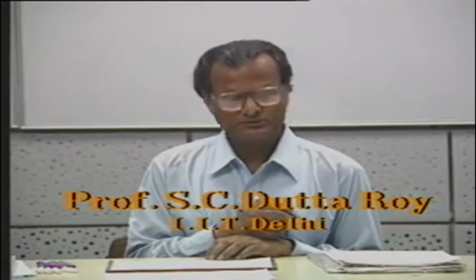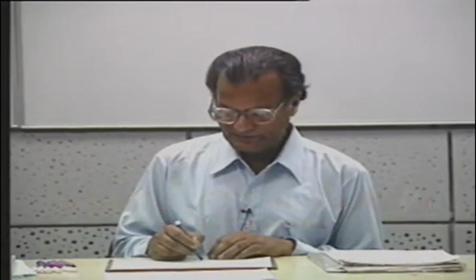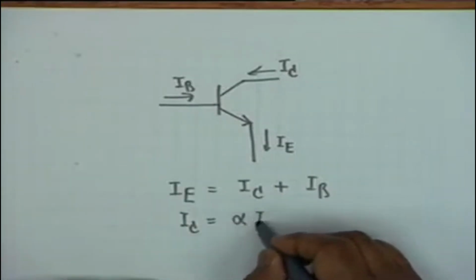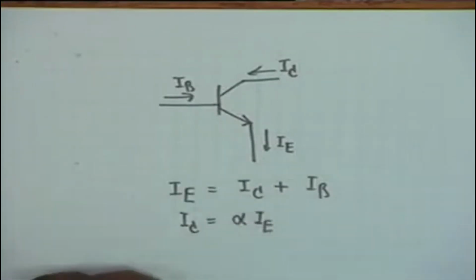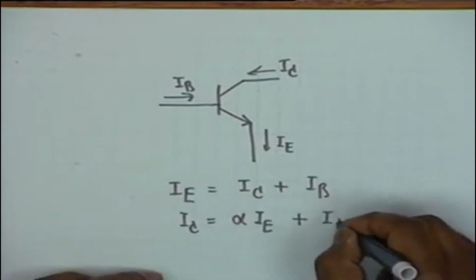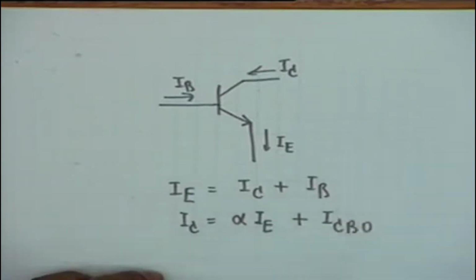And we also know that the collector current is a fraction of the emitter current, alpha IE, where alpha is less than 1. And in addition, because the collector junction is reverse biased, there is a reverse saturation current ICBO flowing in this circuit.